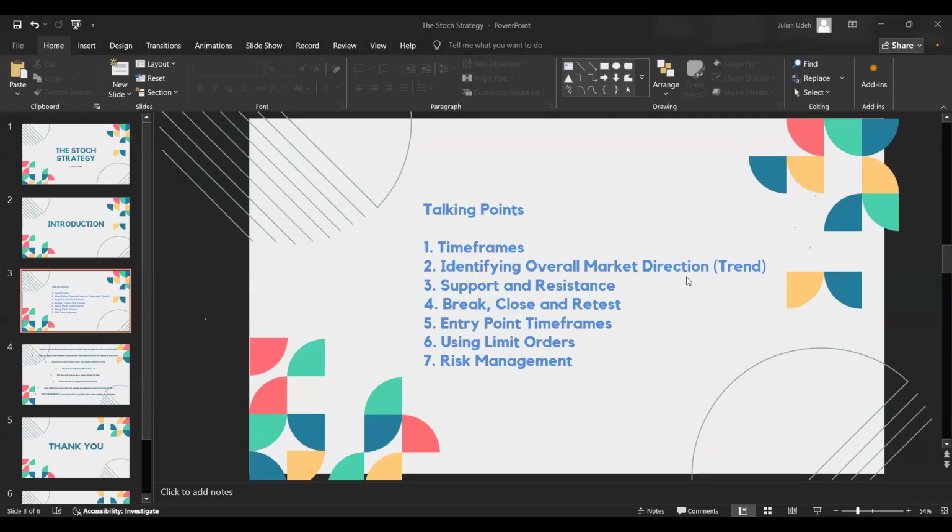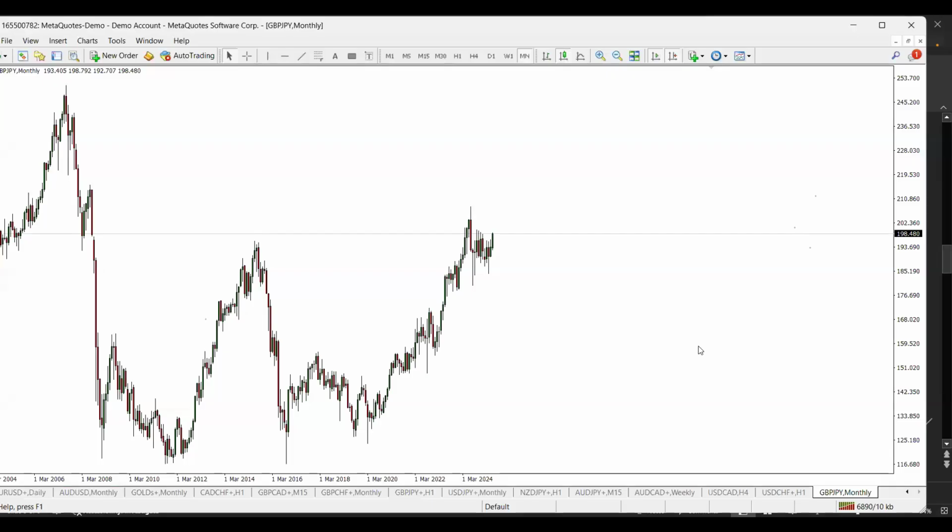Now, for me, I like to communicate with those I'm teaching, just to get their take. So, from the monthly time frame, if you look at the chart, what trend do you think the market is in at the moment?